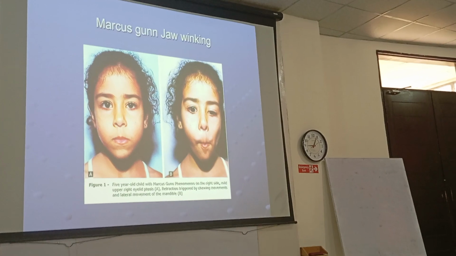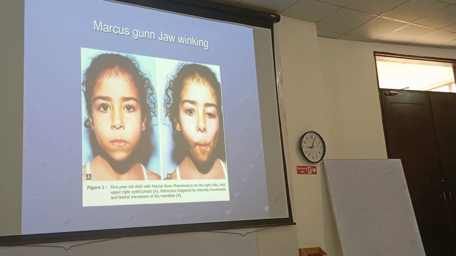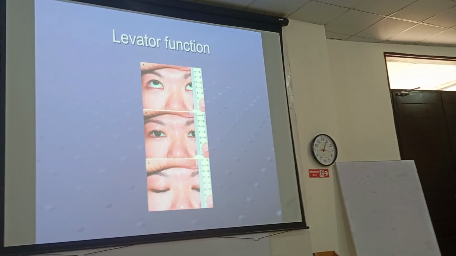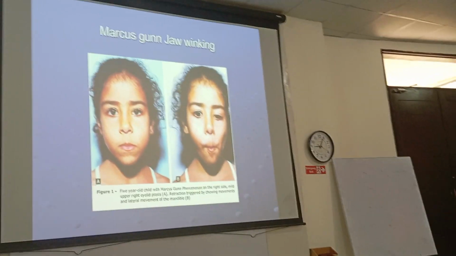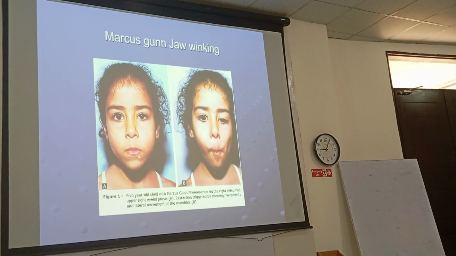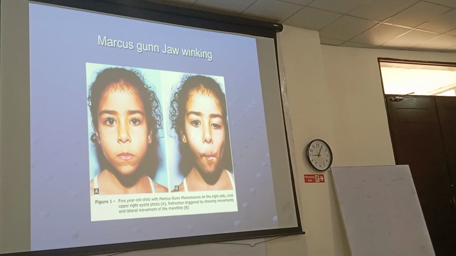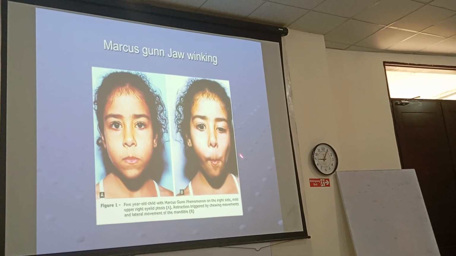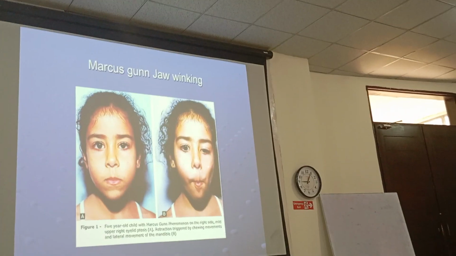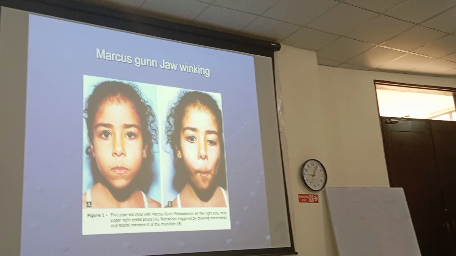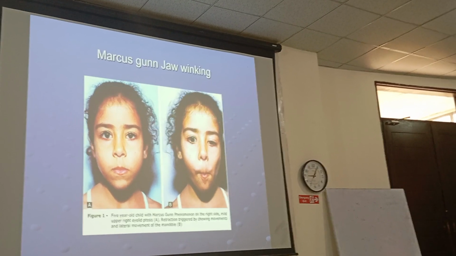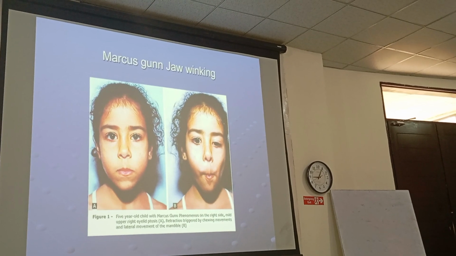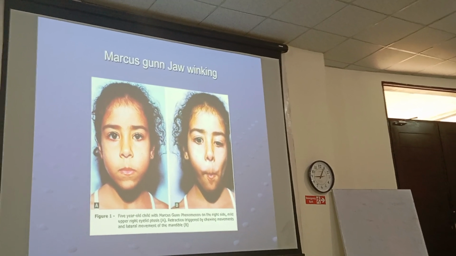This is Marcus Gunn syndrome, which I just demonstrated in front of you. This is the picture where the patient is having no ptosis, and when she is using her pterygoid muscles, you can see the eyelid is ptotic, and when she eats something, the eyelid continuously starts moving, like closing, opening, closing, and opening.